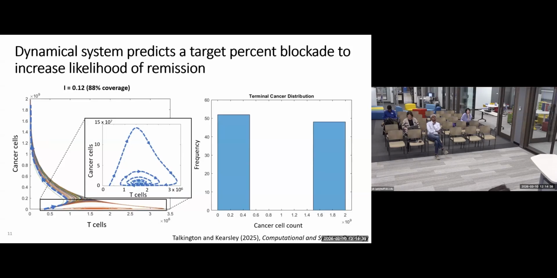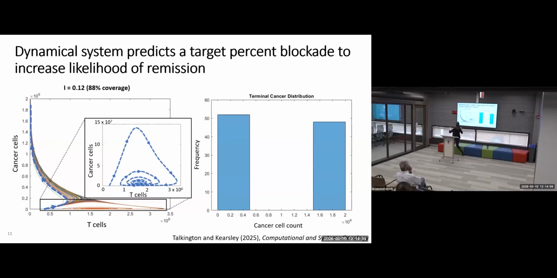Sweeping through our parameters, we've noticed that pretty consistently at values of I, so this immune checkpoint blockade, corresponding with 80 to 90% cell surface coverage, this binary outcome essentially becomes a 50-50 split.